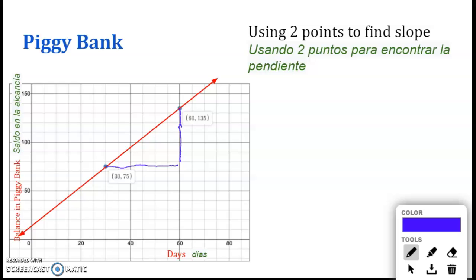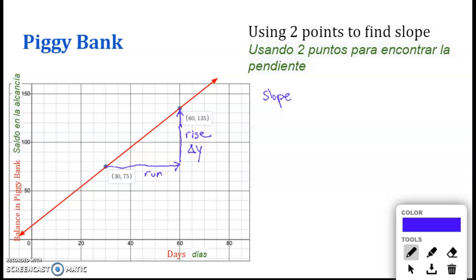And we figured out what the rise was, and we put that over the run. And we said the slope was always the rise over run. But what is rise? Rise is really how much the y value is changing, isn't it? So instead of writing rise, we can write change in the y value.